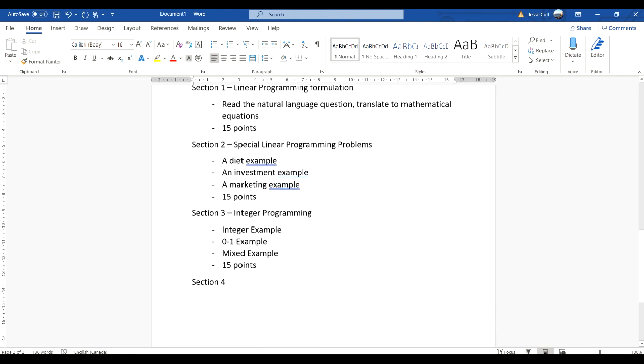Okay. Section 4 will be transportation, transshipment, and assignment problems.